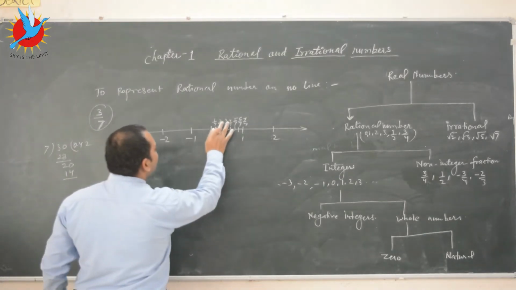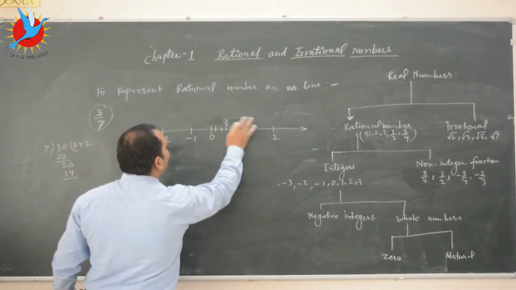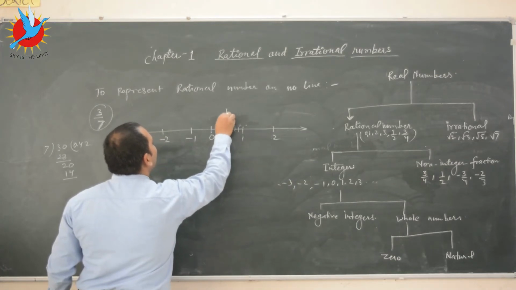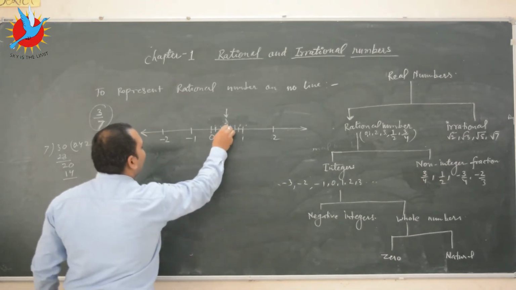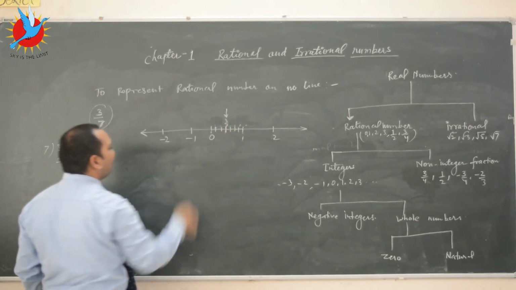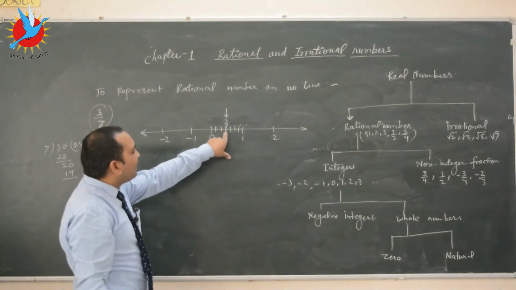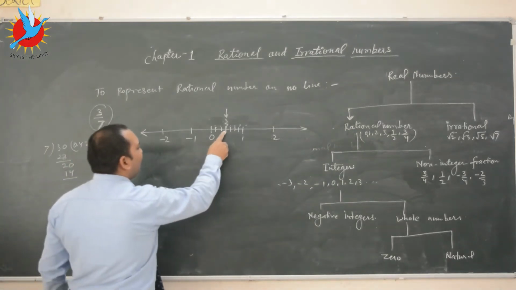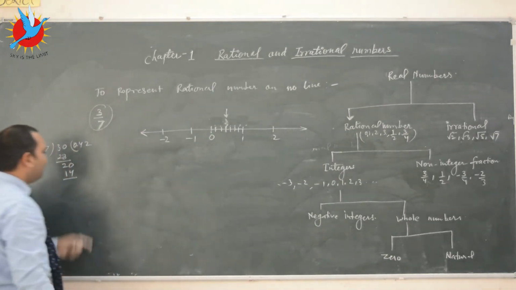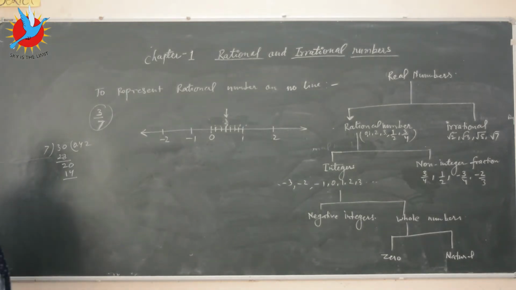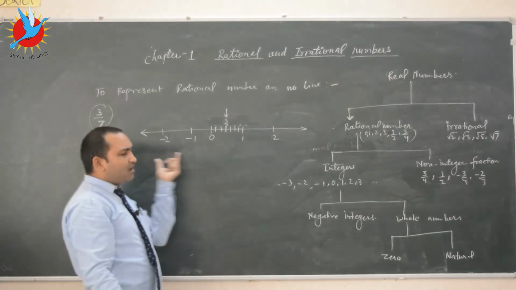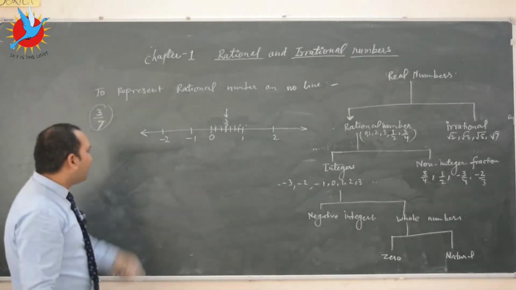Which one is 3/7? This point is 3/7. This is a unique number that lies at one point of the real line. Similarly, we can represent all rational numbers on the real line.